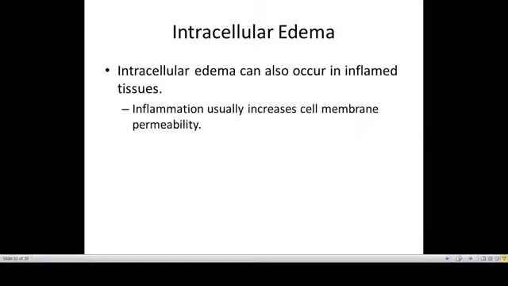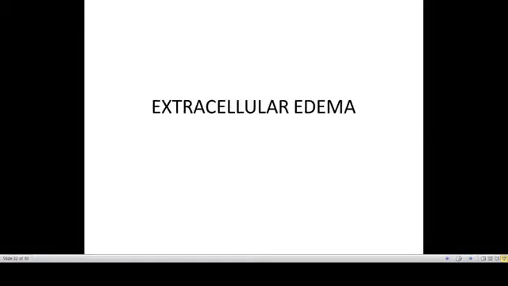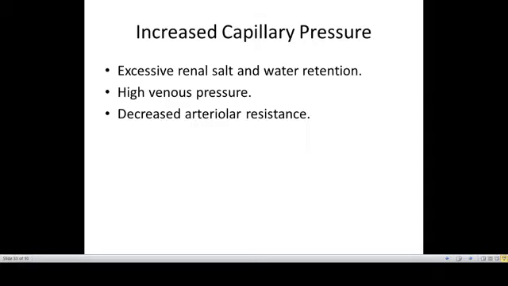Extracellular edema. There are four major factors underlying a number of conditions that can cause extracellular edema. The first factor is increased capillary pressure.